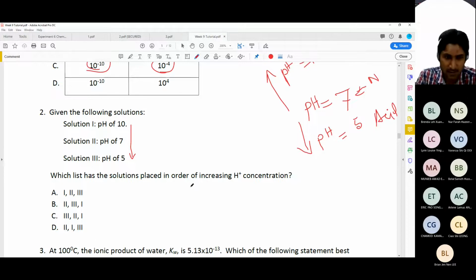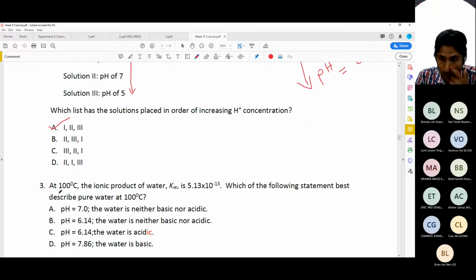So when the pH is lower, the acid has higher capability of donating hydrogen ion, and that is why there will be more hydrogen ion in the solution. So the increasing order of hydrogen ion concentration is the order of decreasing pH. So this is the answer for this.